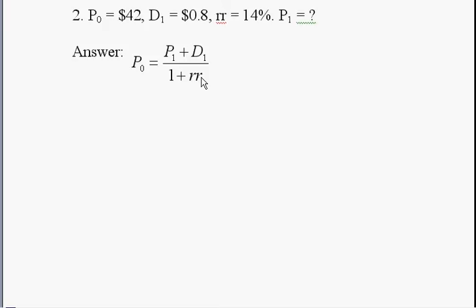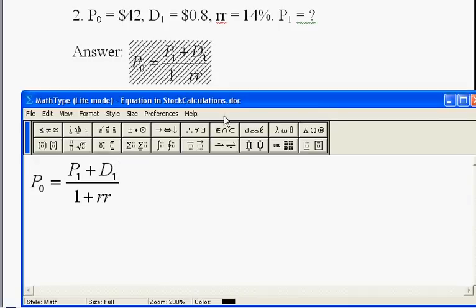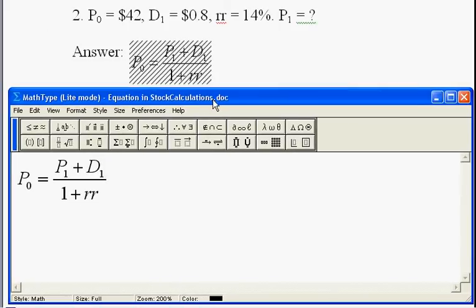In principle, given any 3 of them, we can calculate the 4th one. For example, we can have the current price, the forecasted future price, the required rate of return, and then the question can ask you to calculate what is the future dividend. In this example, we just calculate the future price here.